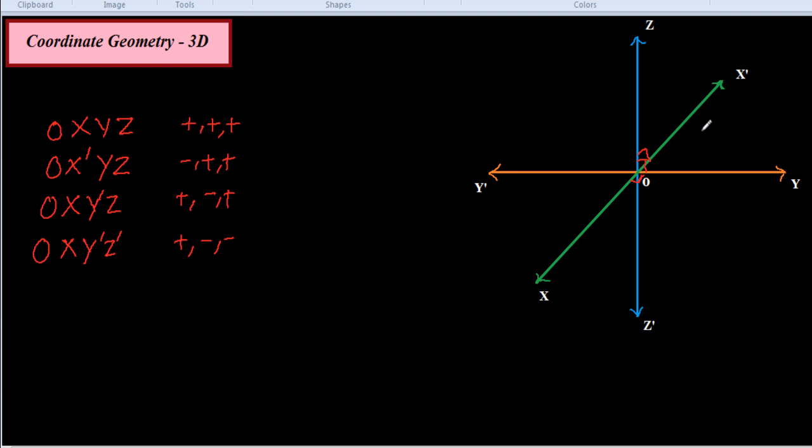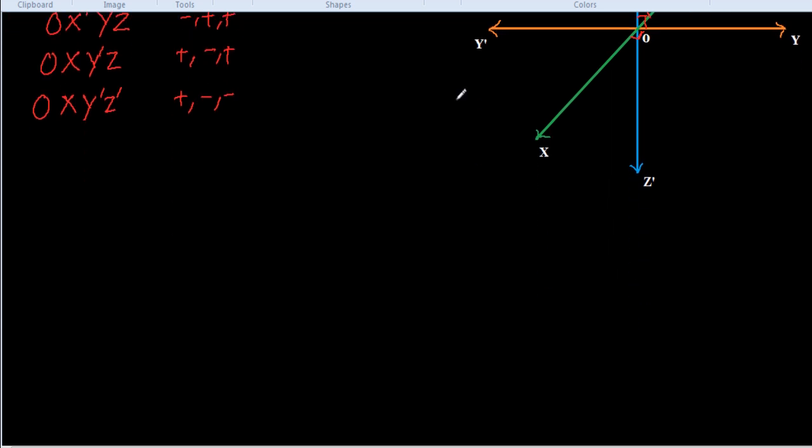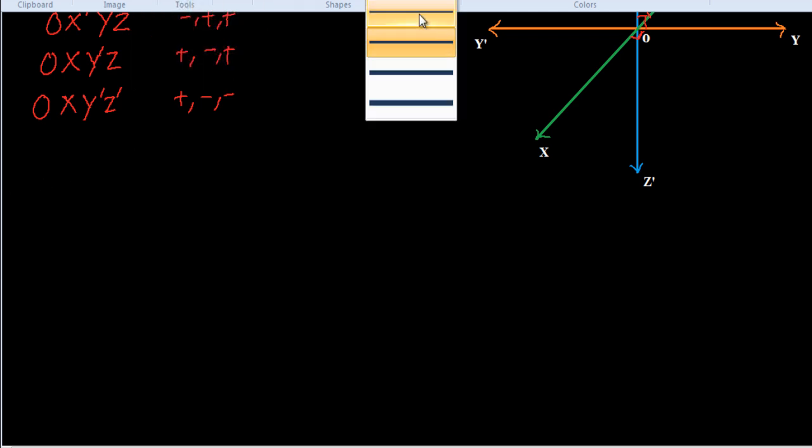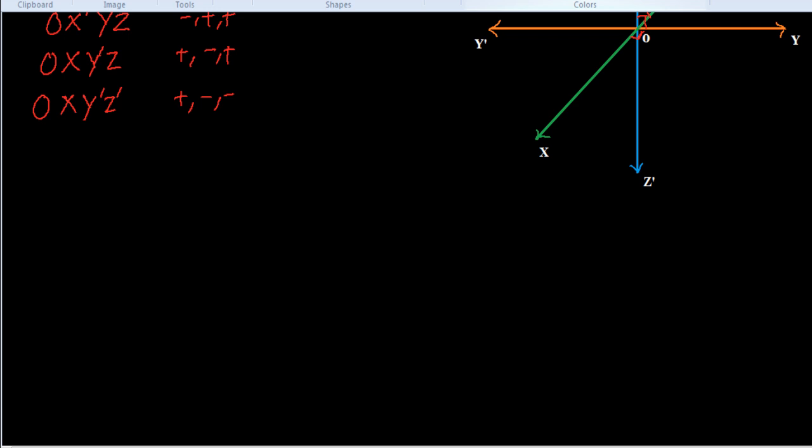If there are 2 points in space, then the distance formula would be like this. Distance formula in 3D.